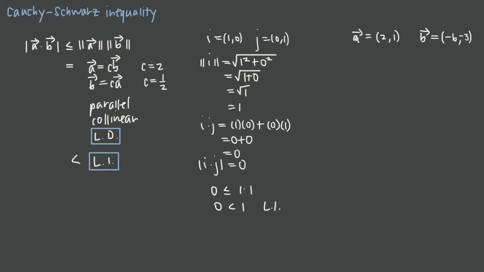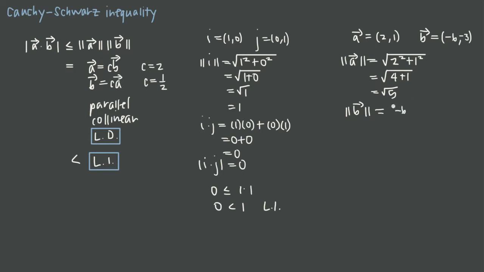So again, we'll start by finding the length of each vector. The length of the vector A will be equal to, we'll take 2 squared plus 1 squared, add those together, and then take the square root. That's going to be equal to the square root of 4 plus 1, or the square root of 5. If we take the length of the vector B, we'll square both components.